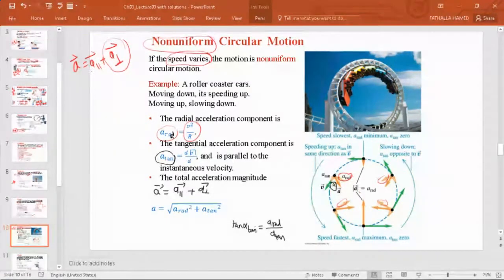Now, the parallel part of your acceleration, which is responsible for changing your speed, is what we call tangential acceleration, because it is tangent to the circle, like the velocity. It could be in the same direction as the velocity or opposite to it.